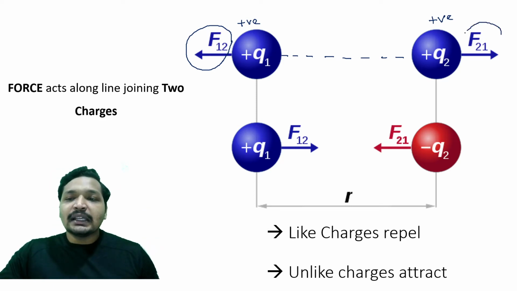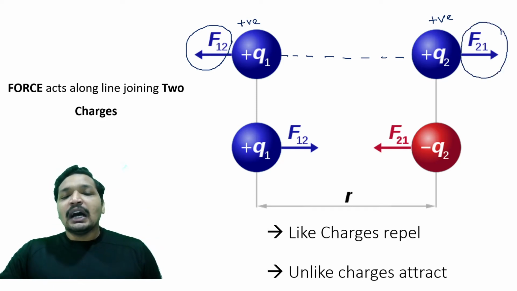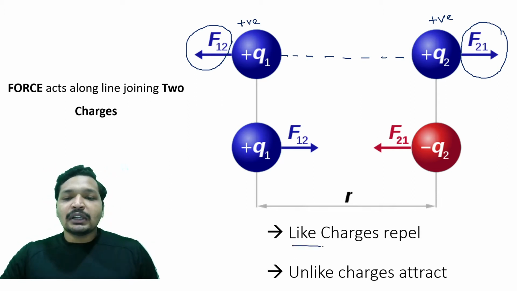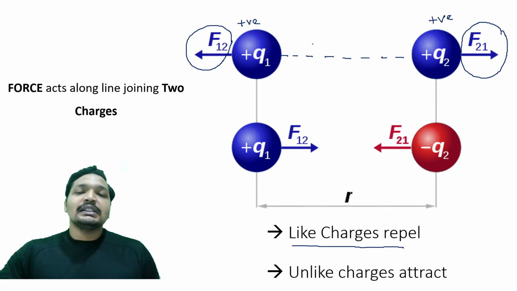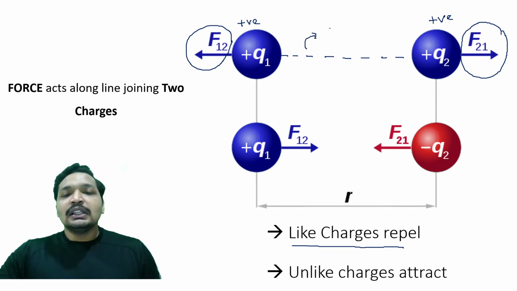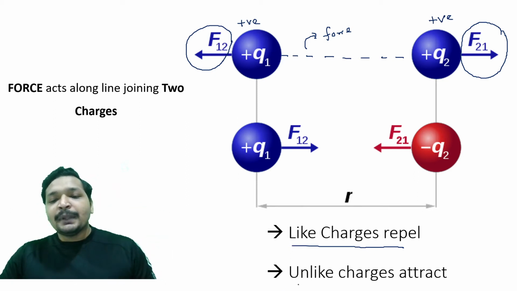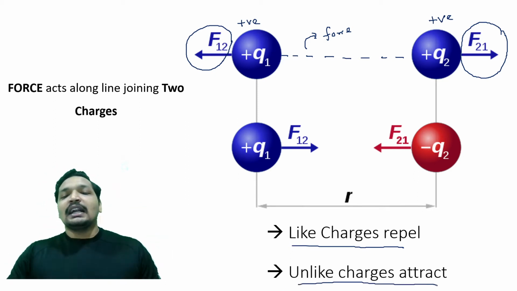They are repelling each other since they are like charges. So the first thing you notice is that the force is along the line joining two charges. And then he also said that like charges repel and unlike charges attract.